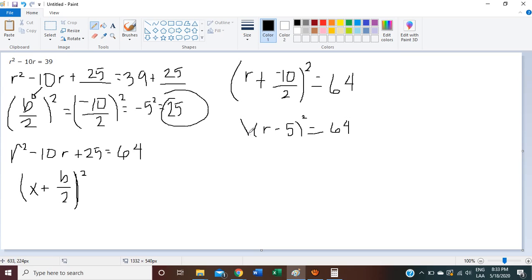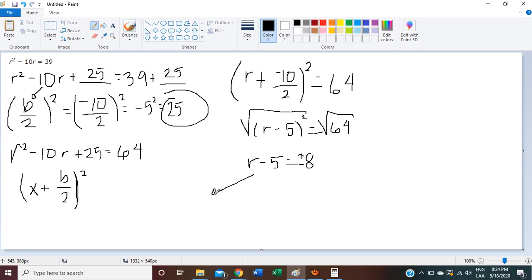We take the square root of this, and it is going to be r minus 5 equals 8. I don't need a calculator to know that 8 times 8 equals 64. So r, but remember it's positive and also negative.